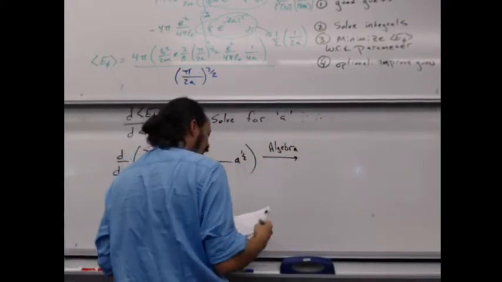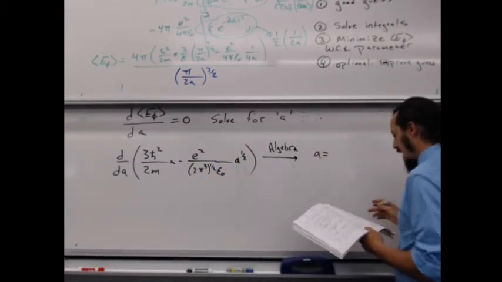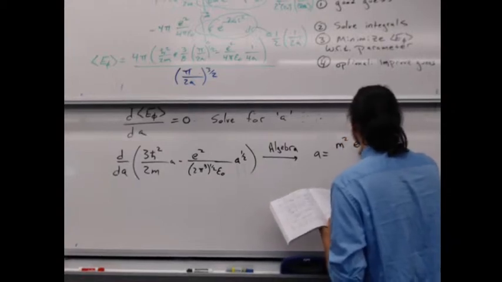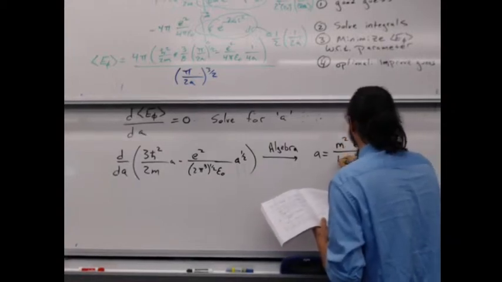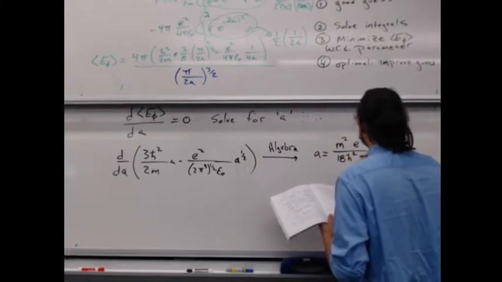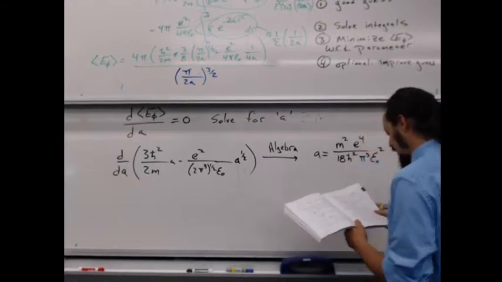And if you algebra it correctly, you're going to get a is equal to m squared e to the 4th divided by 18 h bar squared pi cubed epsilon naught squared.